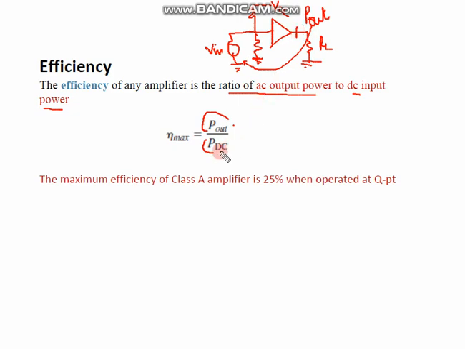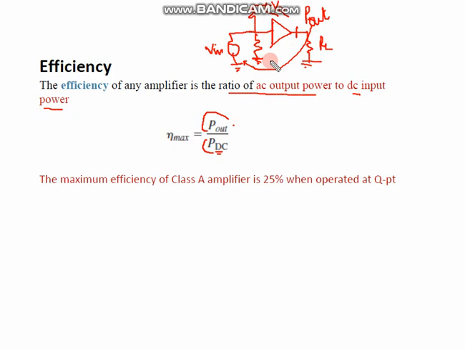And PDC is the DC input power, because of this VCC DC supply voltage. Again I repeat, we consider this as the AC P out, and PDC is the DC power because of the VCC.